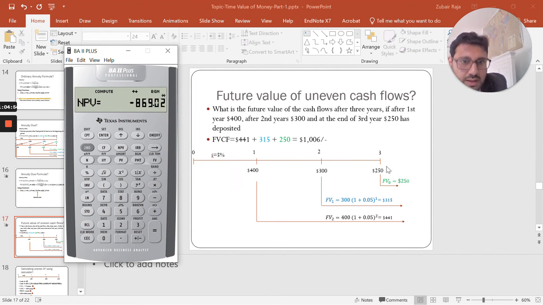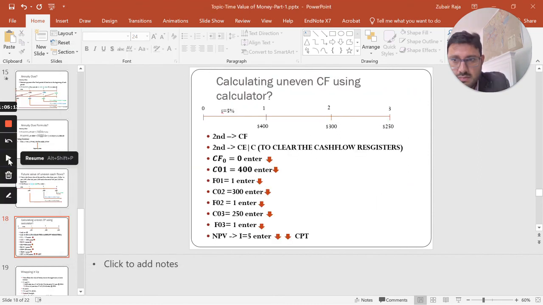Why NPV? Because NPV will give you the present value of these 3 cash flows, right? And your main aim was to find the value at the end of the third time period, so you have to grow it by 3 time periods.